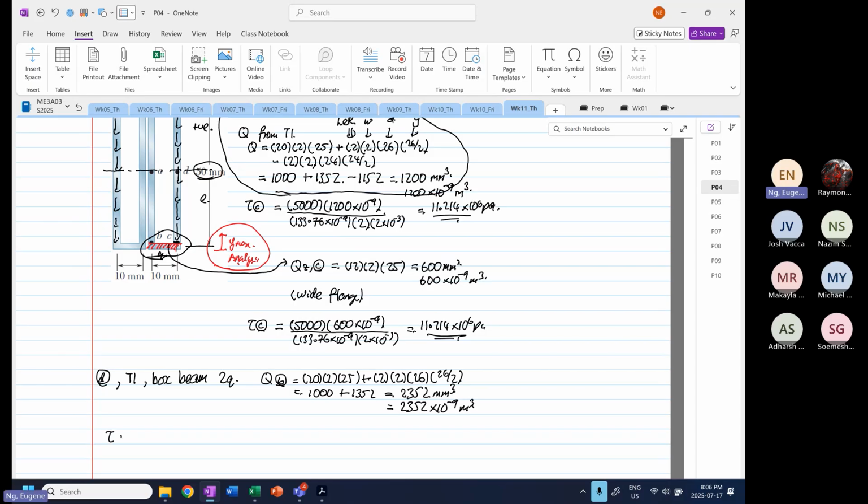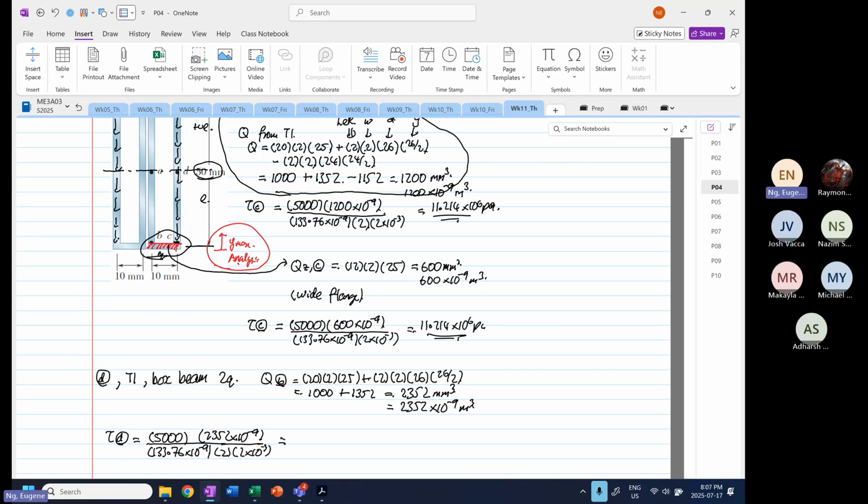So the shear stress at point D is equal to 5,000 divided by 133.76 times 10 to the power minus 9, first moment of area 2352 times 10 to the power minus 9, box beam thickness, right?